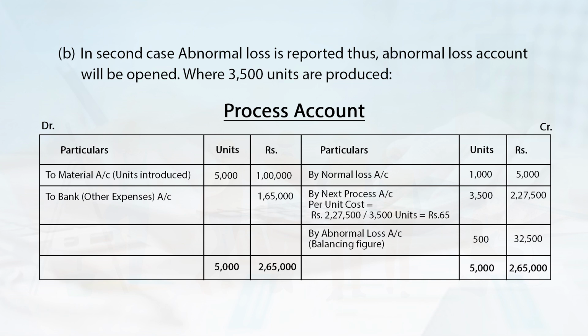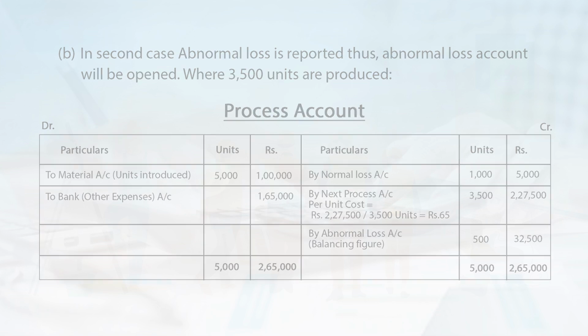And last one on credit side is abnormal loss account, and the balancing figure is rupees 32,500 and units are 500. Therefore, making total of credit side 2,65,000.